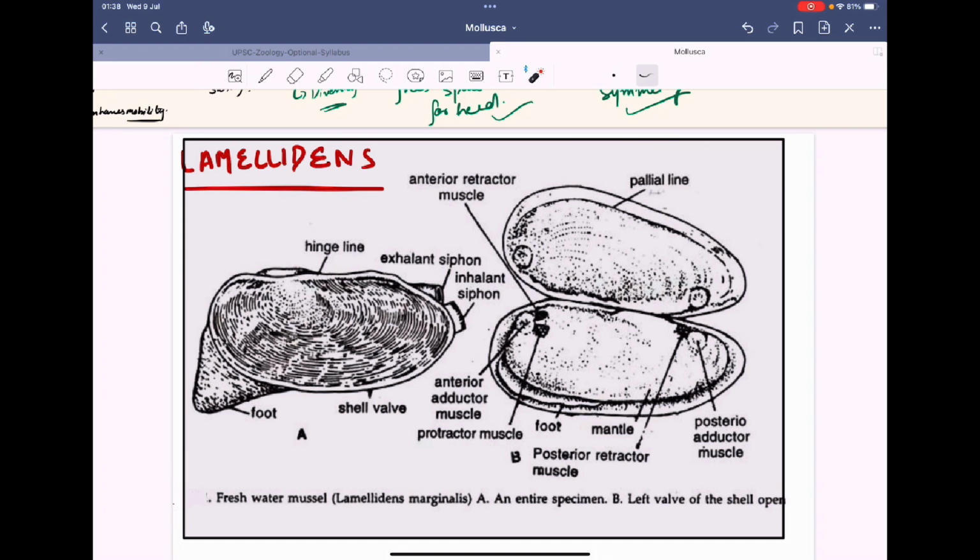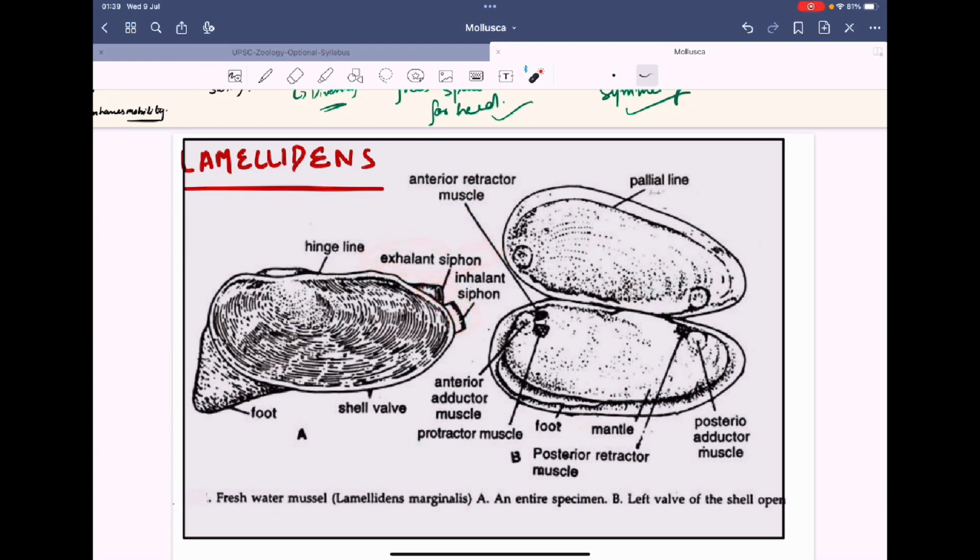And you can see this is the diagram of lamelliden. If you see, this is the shell, this is the hinge, this is the foot of the lamelliden, this is the exhalent siphon and this is the inhalent siphon.